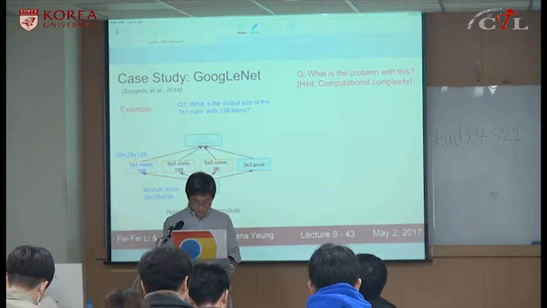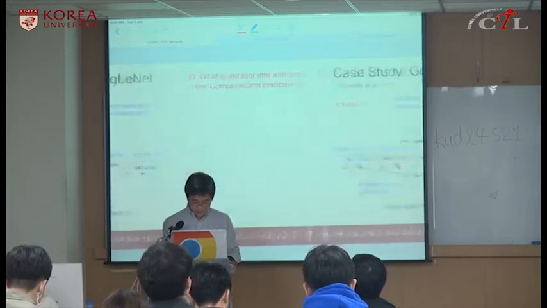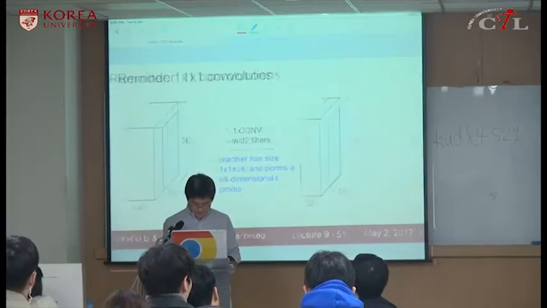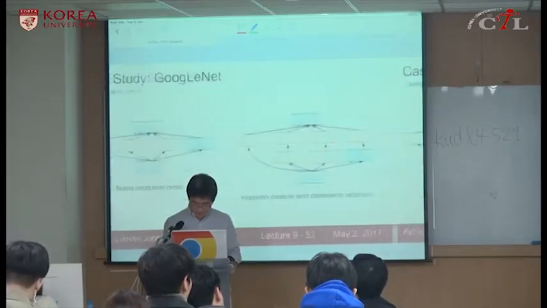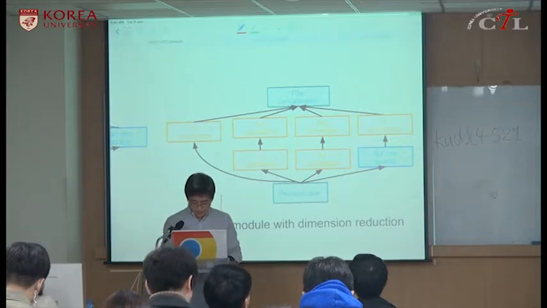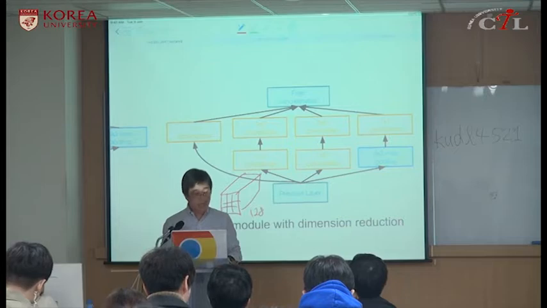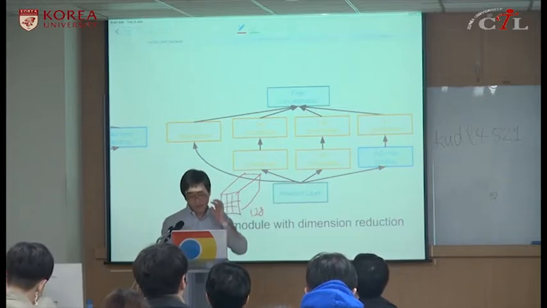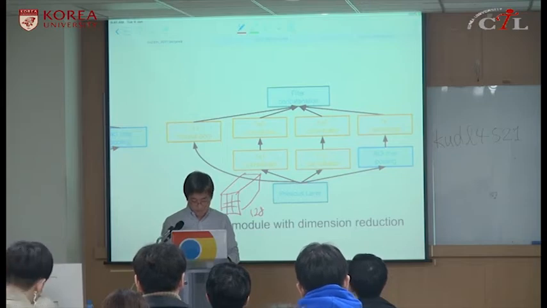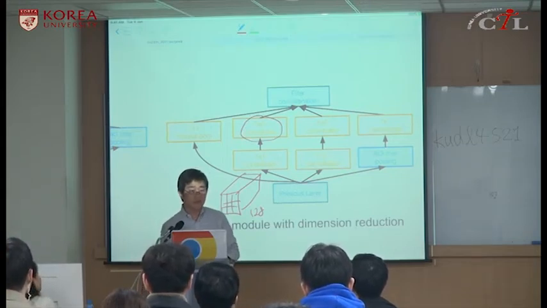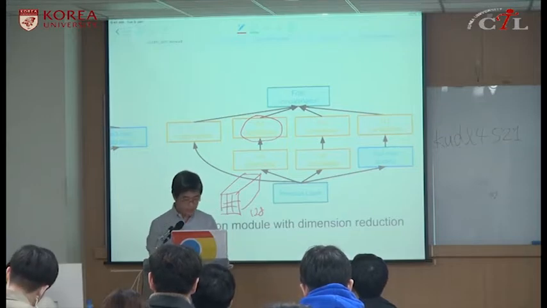So for example, if we look at this kind of structure, and then if we have a 128 dimensional activation map, I mean the channel size of our activation map, and then suppose we want to apply a 3x3 conv given this activation map.